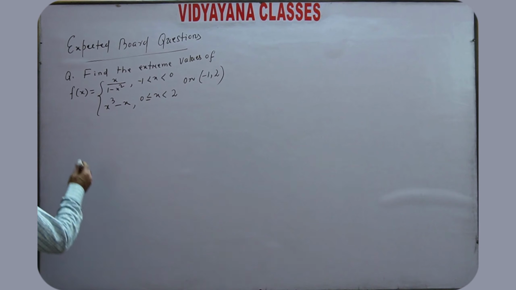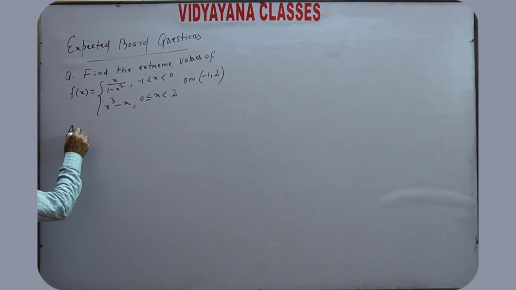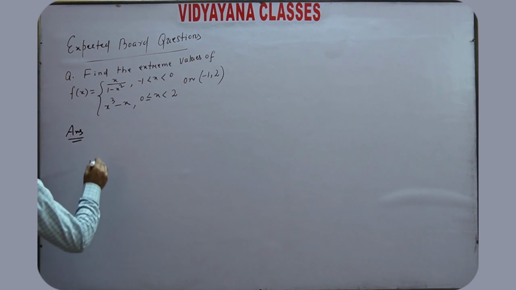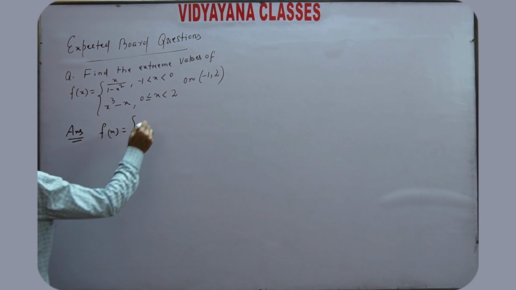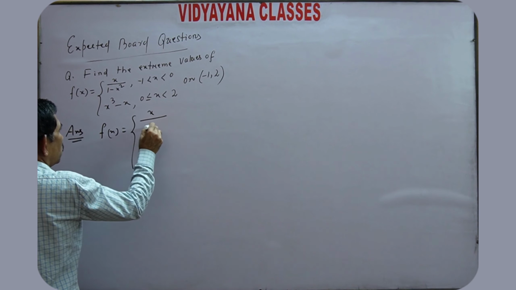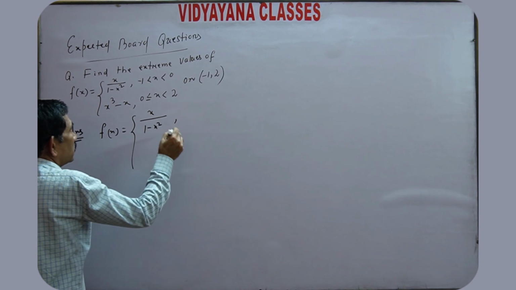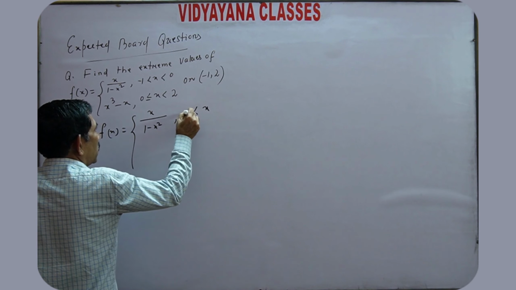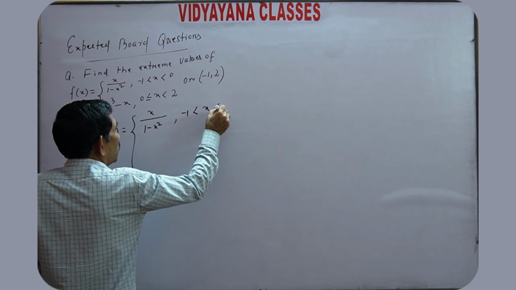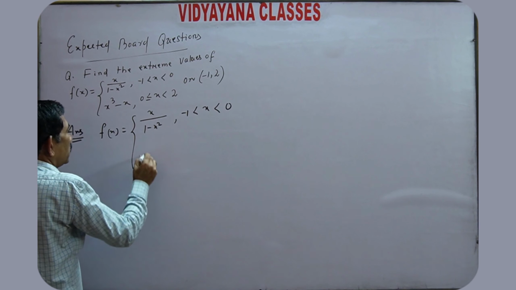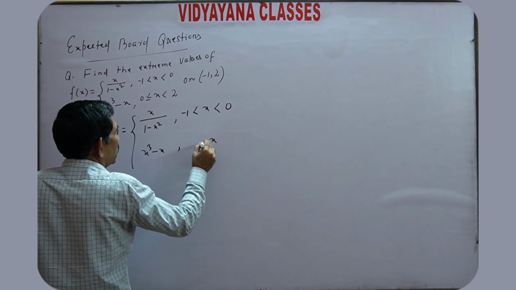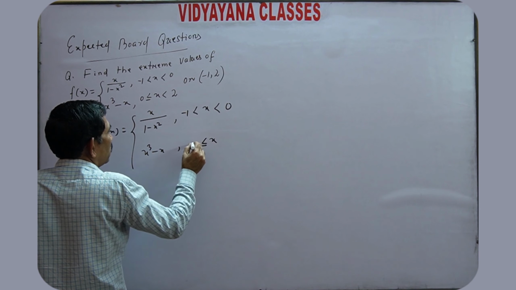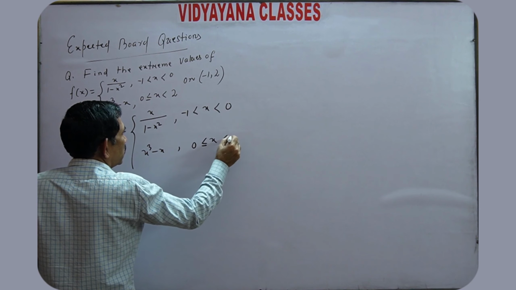Answer: f(x) is equal to x divided by 1 minus x square when x is greater than minus 1 and less than 0, x cube minus x when x is greater than or equal to 0 and less than 2.